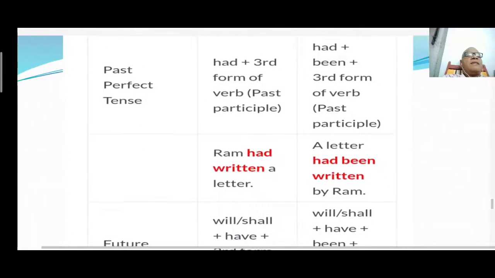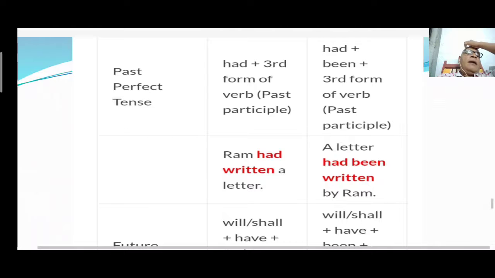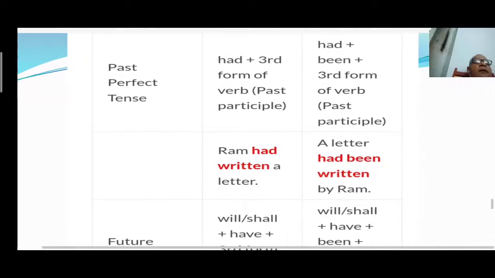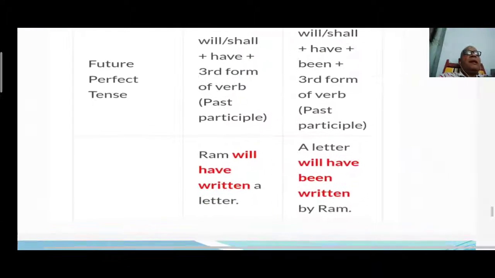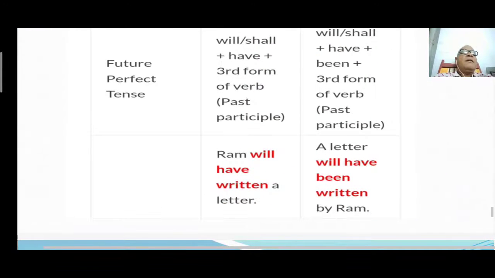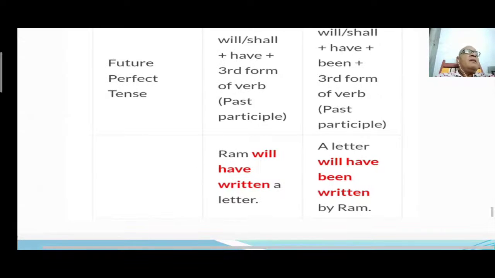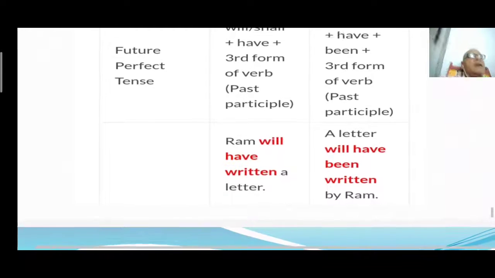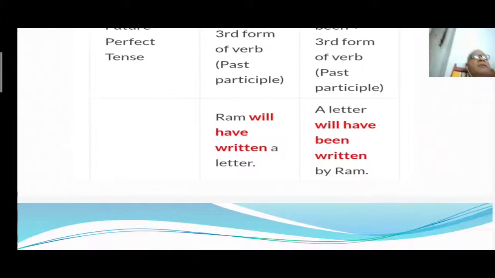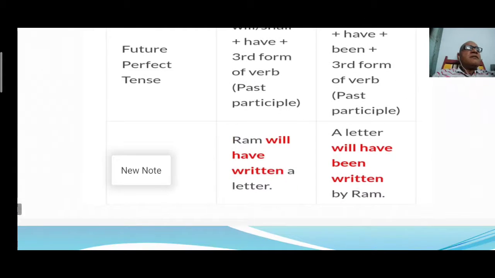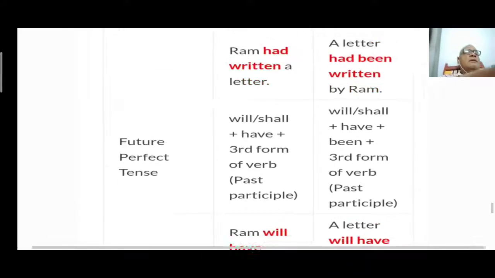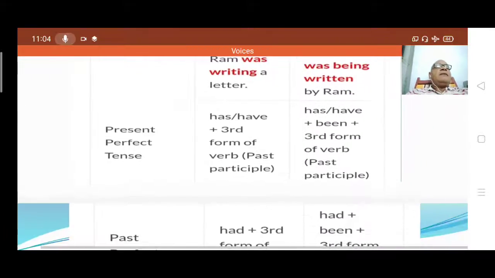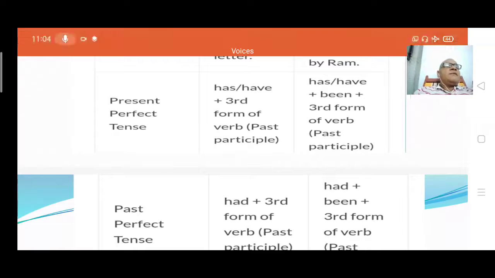And the other examples, Rama had not written a letter. A letter had not been written by Rama. And here, Rama will not have written a letter. A letter will not have been written by Rama. This is the negative form of all these 8 tenses, active to passive.